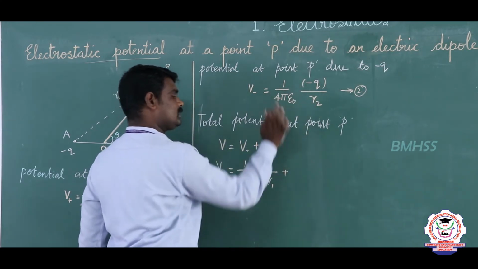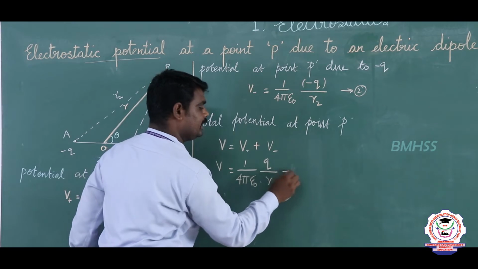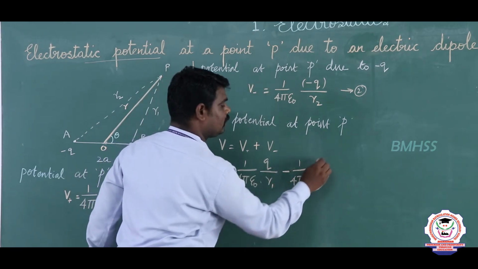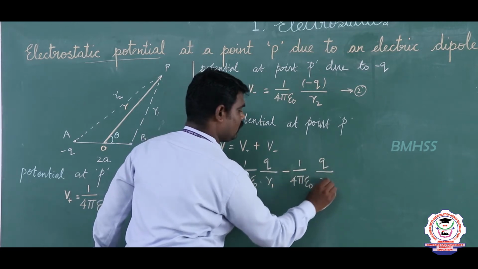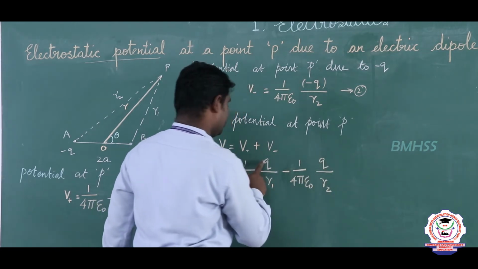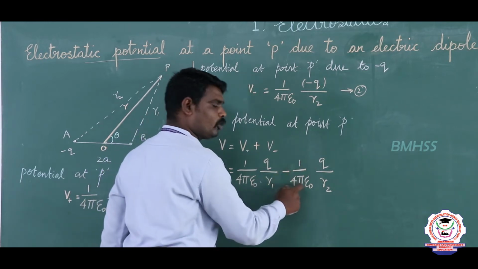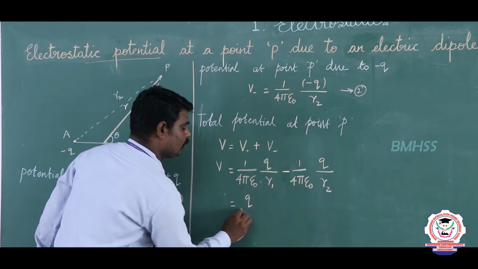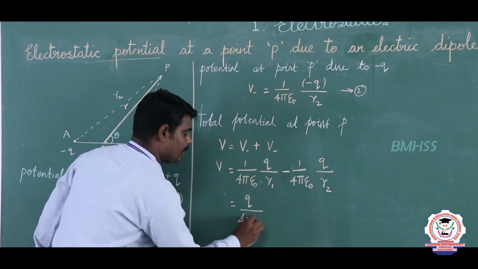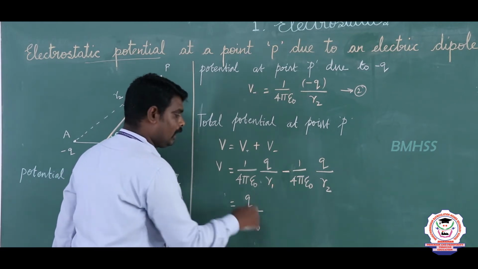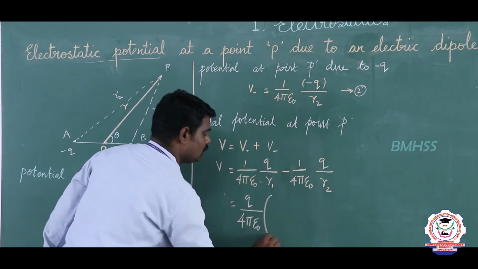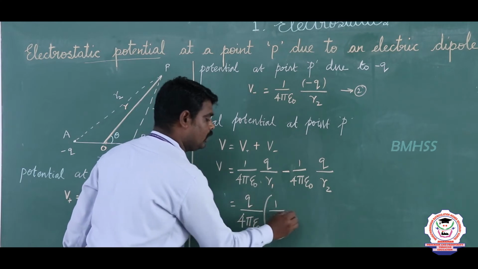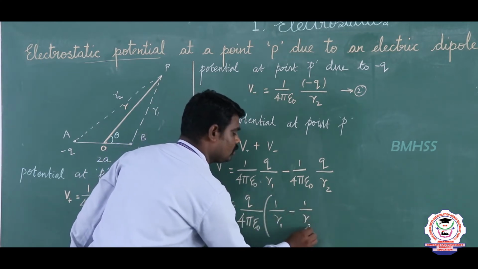So, minus 1 by 4 pi epsilon naught q divided by r2. Here q by 4 pi epsilon naught is common, take it outside, and the remaining is 1 by r1 minus 1 by r2.